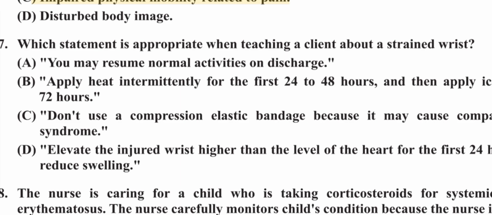Option C, don't use a compression elastic bandage because it may cause compartment syndrome. Option D, elevate the injured wrist higher than the level of the heart for the first 24 hours to reduce swelling. Answer is option D.